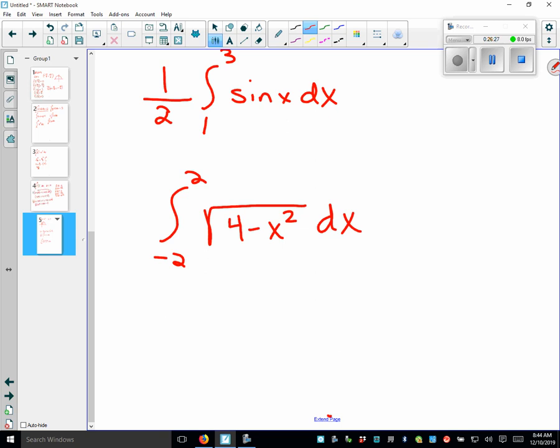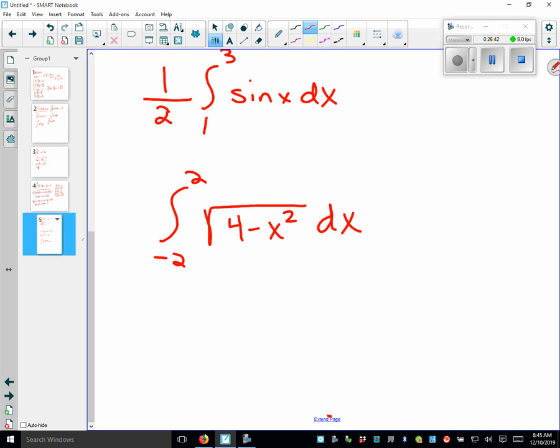What's the graph of? It's a little semicircle. It's a semicircle.